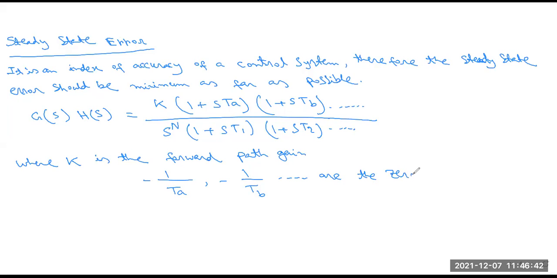Pole and zero, all of you learned. So in this equation, we express TA and TB, that is 1 by TA and 1 by TB, for the zeros. And here the poles are 1 by T1, 1 by T2.